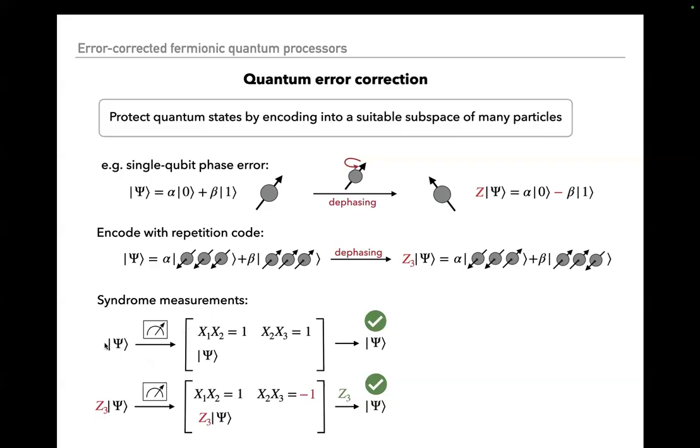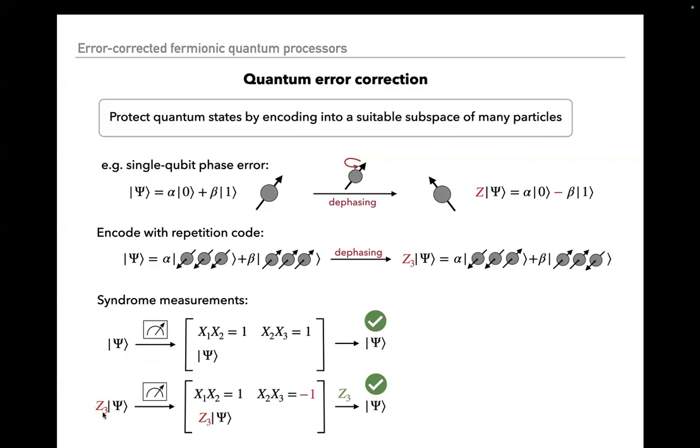Looking at the state that we encoded and that has not been affected by an error, it turns out to be an eigenstate of both of these operators with eigenvalue 1. So you measure these operators, get back the result 1, and you don't do anything. You can pass along the correct state, and everything is fine.